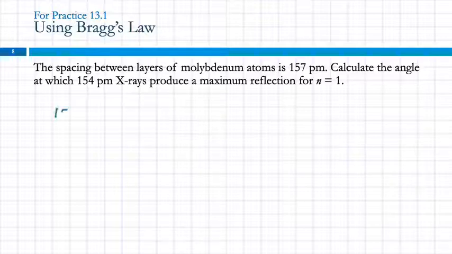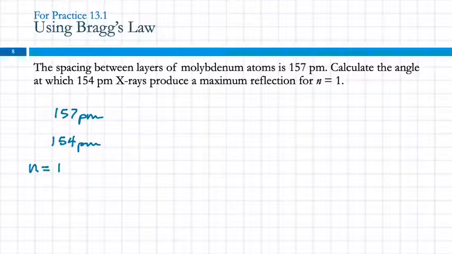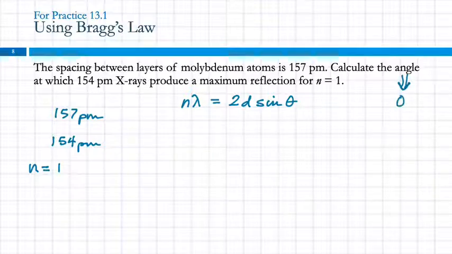We've got 157 picometers, and we've got 154 picometers, and we've got n equals 1. This is going to use Bragg's law, which is n lambda is equal to 2d sine of theta. And here what we're trying to find is theta. The angle is theta.